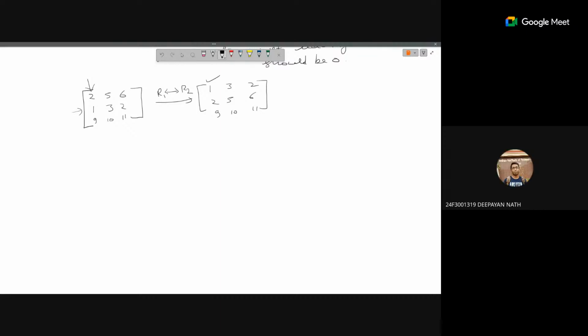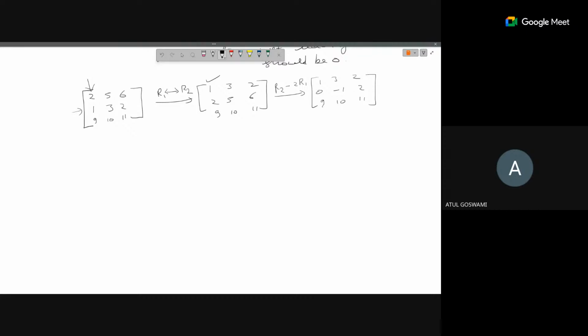Below 1, this should be 0. For that, I can take row 2 minus 2 times row 1. In that case this would be 0, this would be minus 1, this would be 2, right? Yes, sir. And 9, 10, 11. So we got this also.